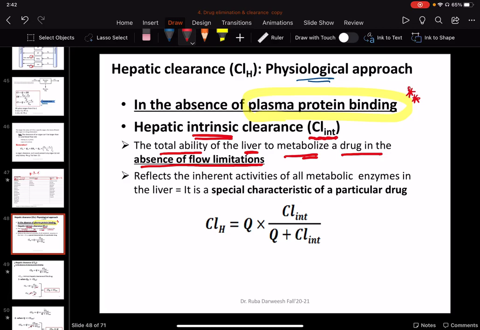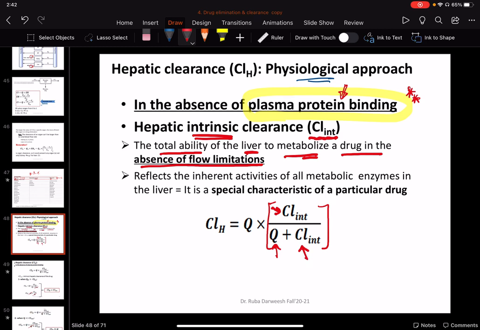Okay, so if we are talking about hepatic clearance in the absence of protein binding, it will be equal to the flow multiplied by the extraction ratio, which, in terms of intrinsic clearance, equals intrinsic clearance over the flow plus the intrinsic clearance of that organ.